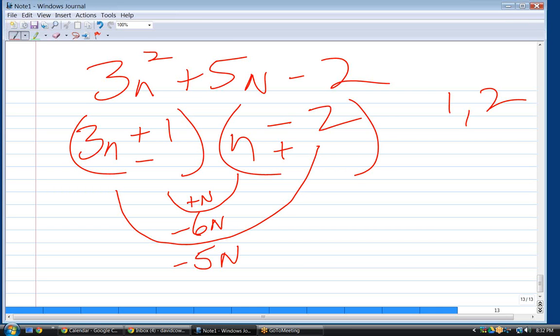Okay. So how can I solve it? In other words, if I move the 1 down to the minus instead of there, and I move the 2 down to the plus instead of there, now check the middle terms. Now we got minus n plus 6n.